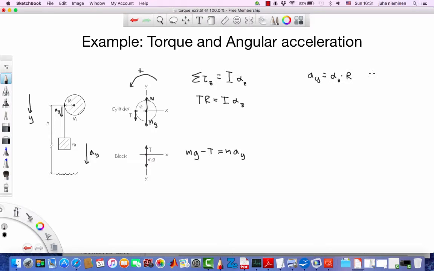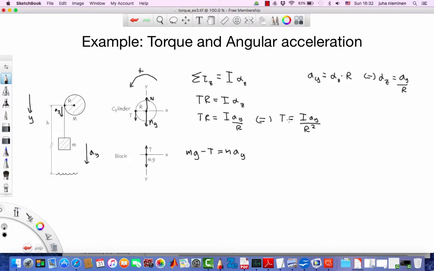And from here we get for alpha C, the angular acceleration, to be ay divided by R. And we can plug that in here. So we get TR equals I times ay divided by R. And now we can solve for the tension force to be I times ay divided by R squared.